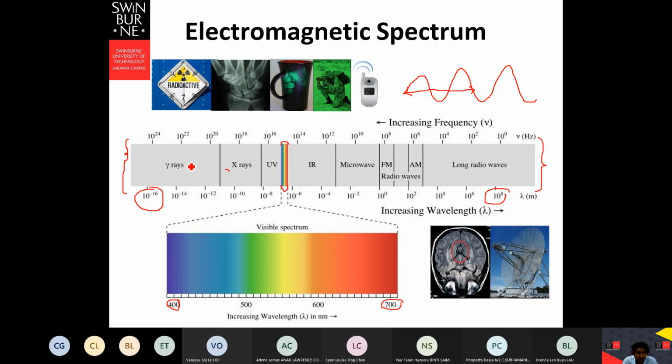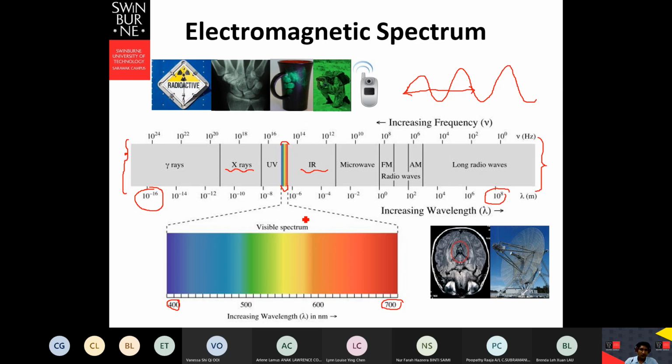So X-rays, many of you know X-rays, right? IR radiation. Nowadays we see a lot of IR instruments around us, like the motion sensor, and then microwave. So these are the things that we use for NMR, for the diagnosis of our medical purposes.